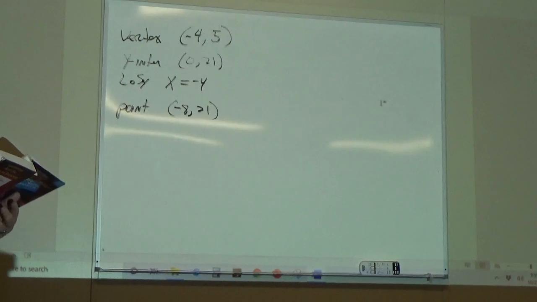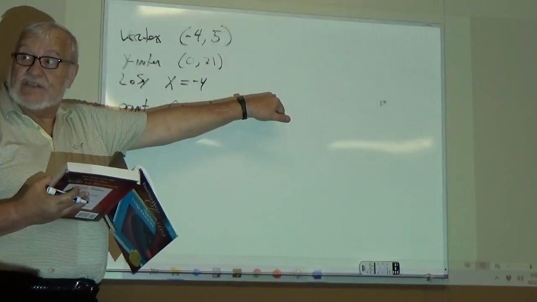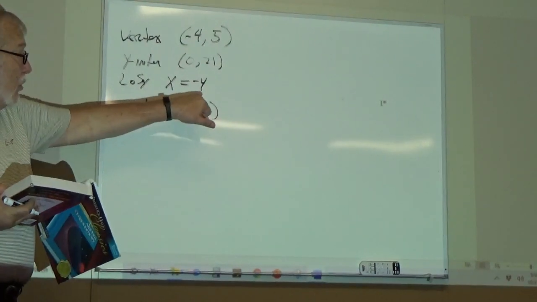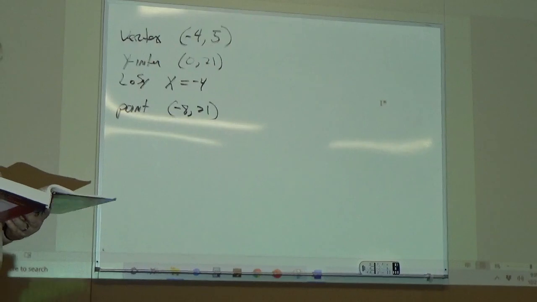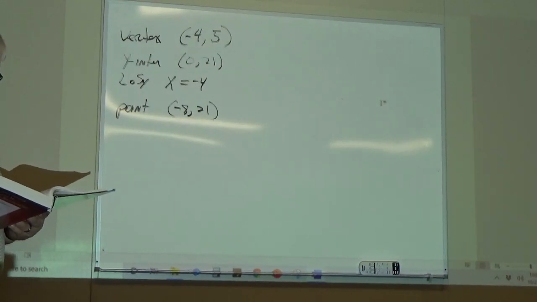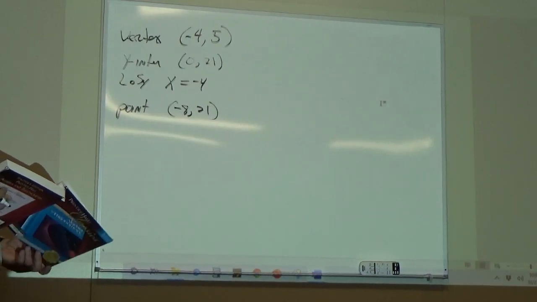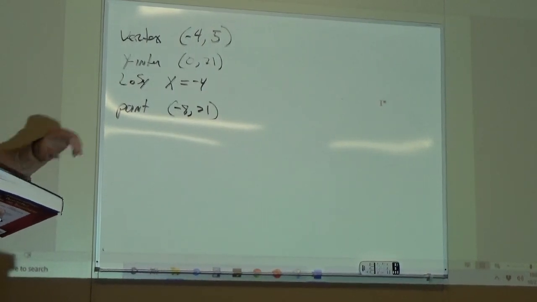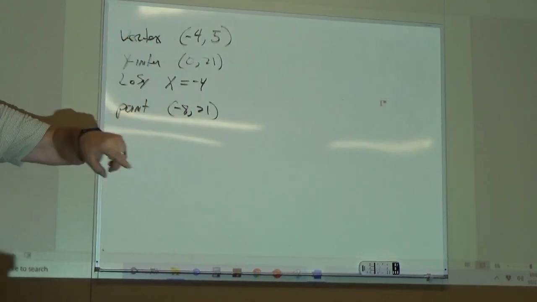So the line of symmetry is at negative 4. I go in a positive direction to get to 0, and then I'll go negative 4, which will be negative 8, 21, also a point on the graph. And with those 3 points, you should be able to put that graph in.